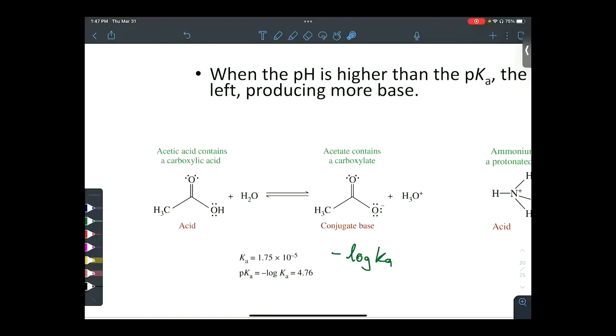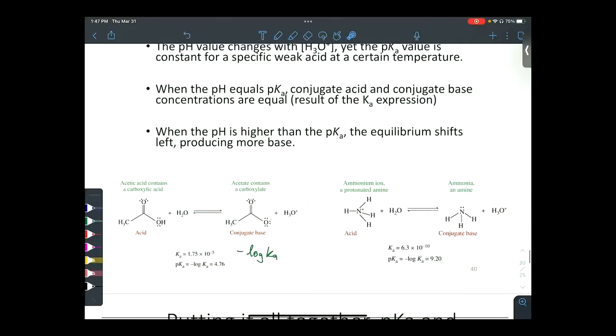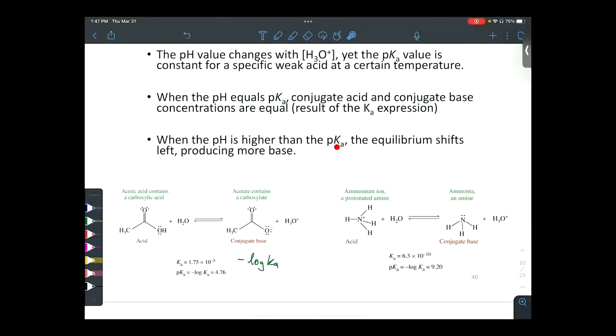What I don't want you to think is that 4.76 is the pH of this acid. That's not what that means. It essentially tells us the pH at which the acid and the conjugate base are in equal concentrations. That's what the pKa tells us. So it can tell us a little bit about acid strength, but don't think that pH is equal to pKa.